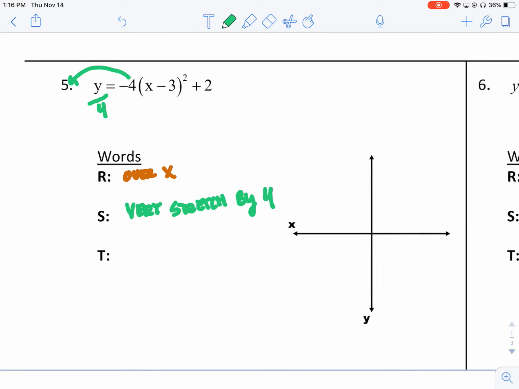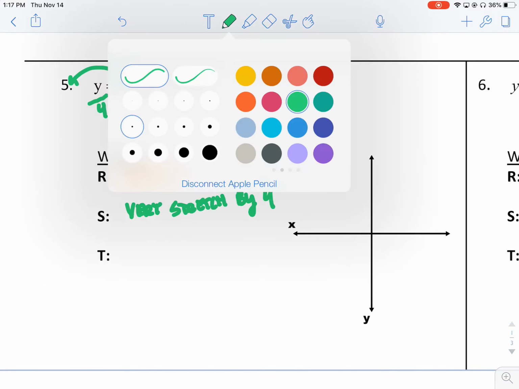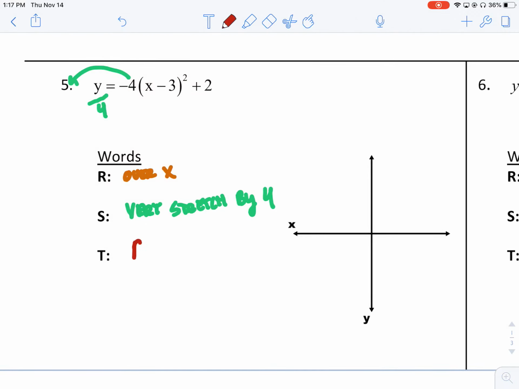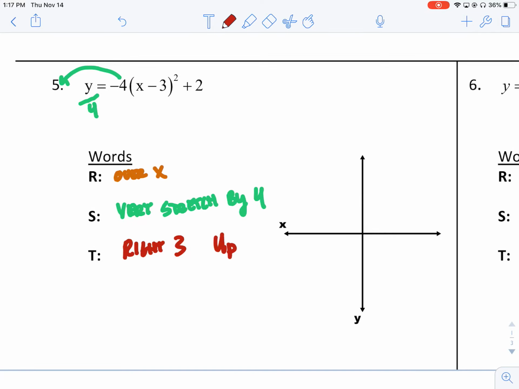And then the translation, it is gone to the right 5. Sorry, 5. I don't know why I said 5. Probably 3, right 3, and up 2.